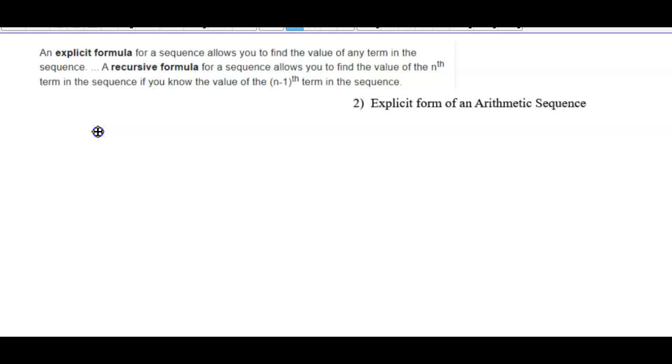All right. So an explicit form for a sequence allows you to find the value of any term in the sequence. It is based on the term number. Okay.